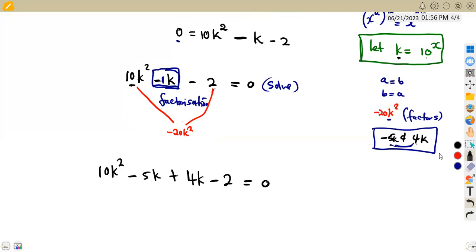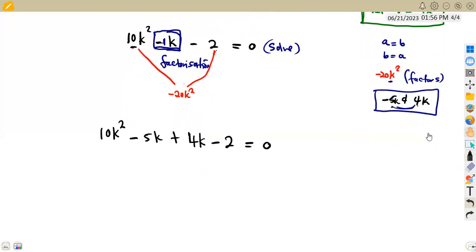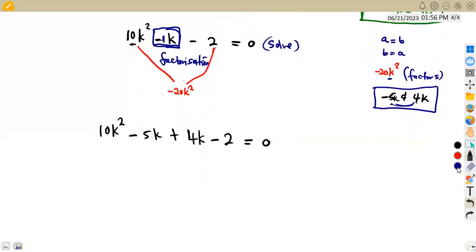So remember, from your factorization, once you've got an expression like this, you can factorize by grouping into two terms. The first two terms, what is common between 10 and 5? That is 5k. So you divide 10k squared by 5k, which is 2k, minus 5k divided by 5k, which gives us a negative 1.